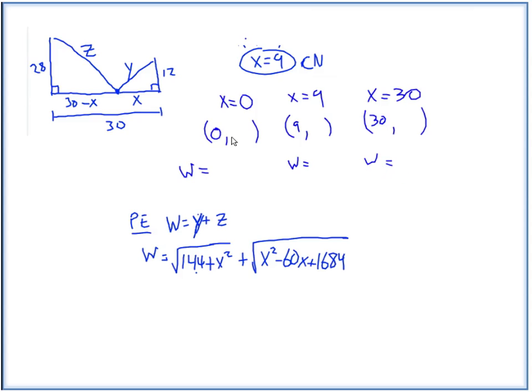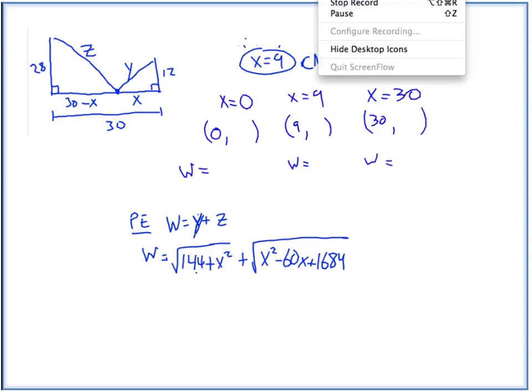Okay, so go ahead and substitute 0 in for x into our primary equation. Go ahead and plug 9 in for x into our primary equation, and go ahead and plug 30 in for x into our primary equation. Then go ahead and come on back to check your answer and decide which value of x will give us the least amount of wire.